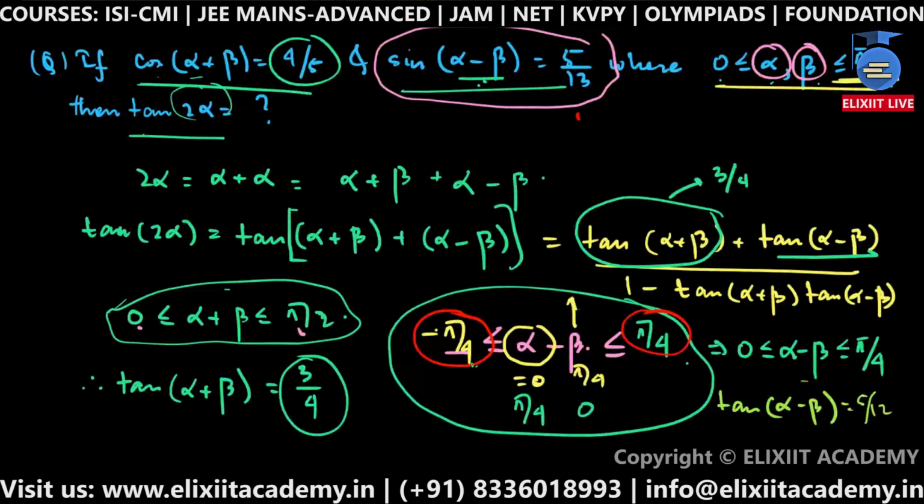Same triangle law. So this particular value of tan of alpha minus beta is 5 by 12. There are lots of questions, I'm going to solve them one by one. Chalo, next question.